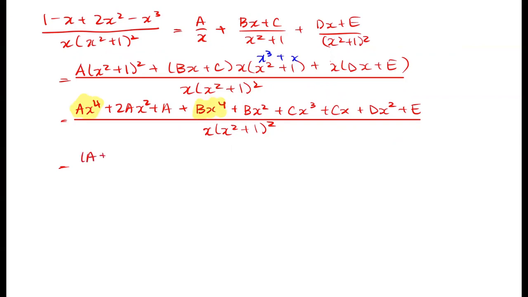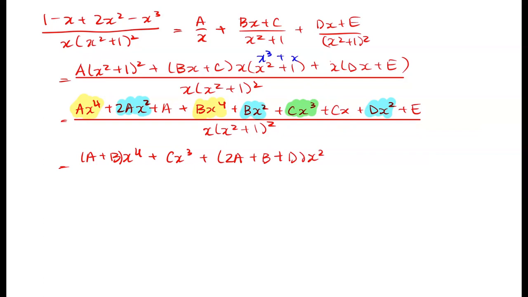So we have a plus b, x to the fourth, plus, let's see if we have any x cubes. We do, which is just going to be this term here. So we have cx cubed. And then for the third term, we'll have the 2ax squared, the bx squared, and the dx squared. So let's group those together. We have 2a plus b plus d, x squared.